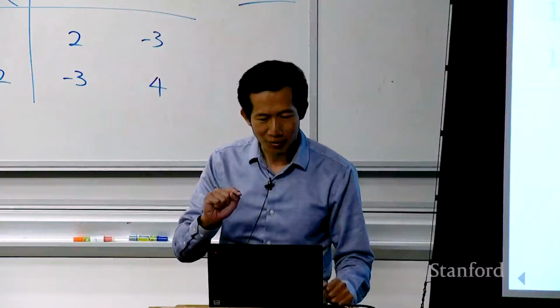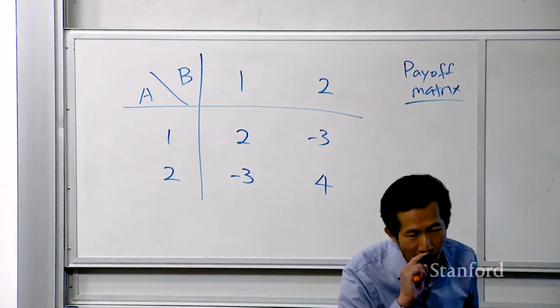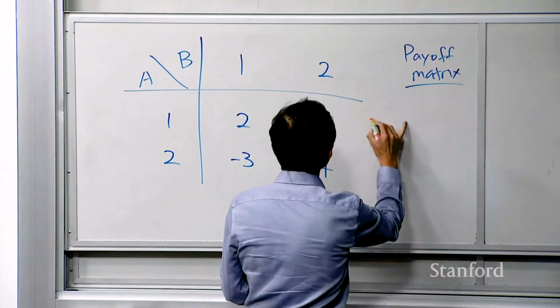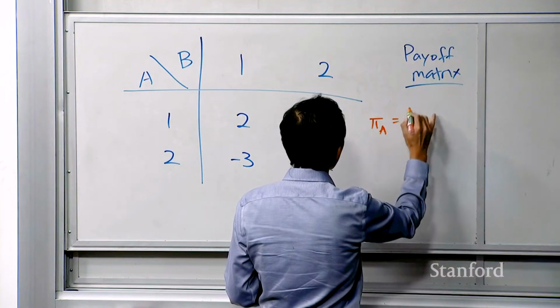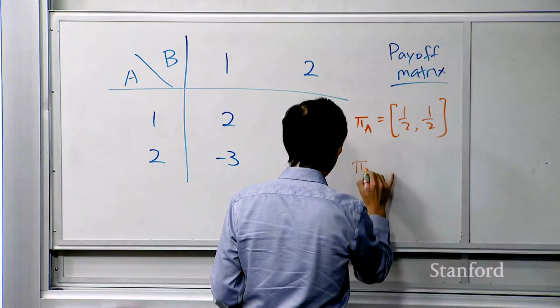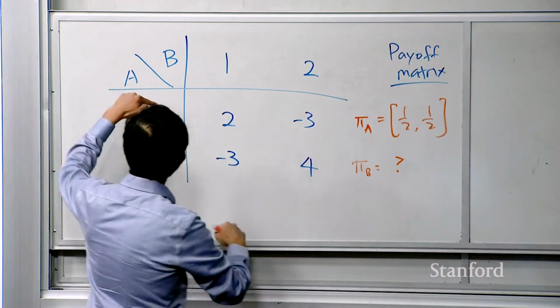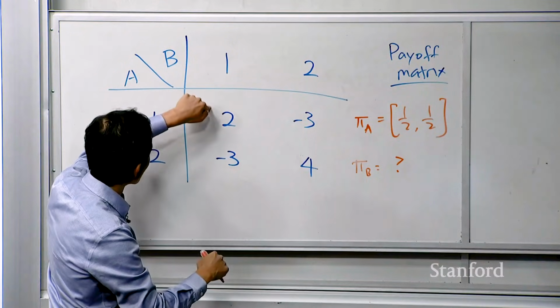Let me actually do this on the board here since I think it'll be easier. So in this case, player A is half-half. Player A is uniform. And so the question is, what is the best thing for player B? So player A is half over these two.